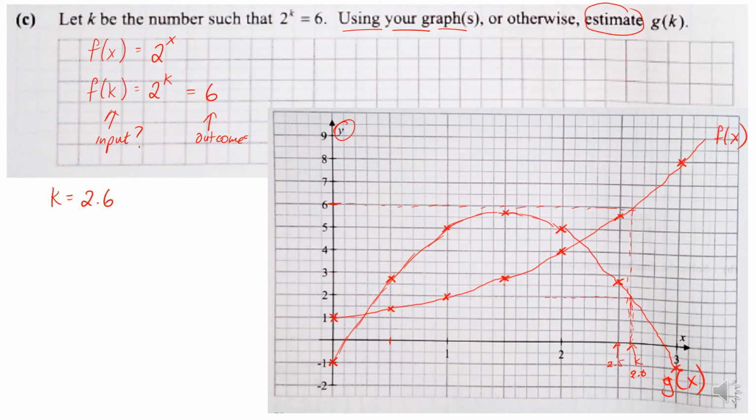So we can go across to our vertical axis to find our output. And I get 2. I'm going to say g of 2.6 equals 2, or that's my g of k equals 2. And that's that answered. Okay, so that was a functions question from 2014 sample paper.